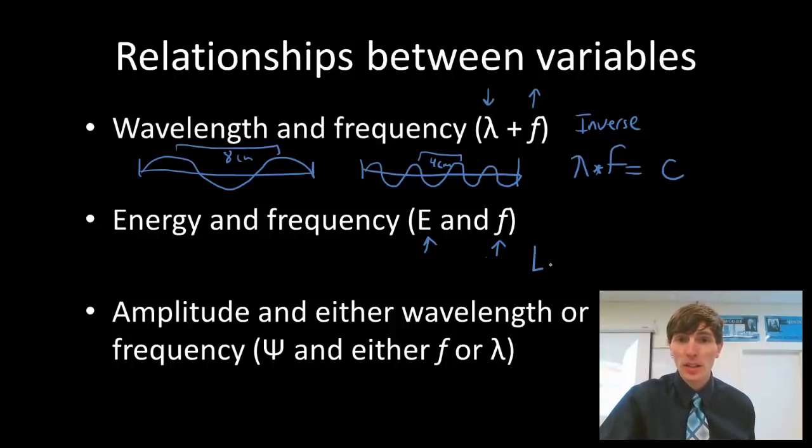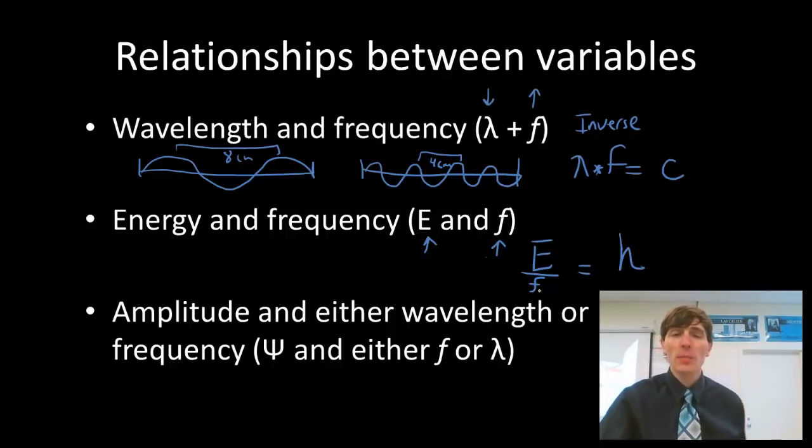When I take energy and I divide it by my frequency, those are always going to equal some constant value. And Max Planck is the scientist who came up with this value, and we call that h, and I'll give you the value for that in a second. So these are related. If energy goes up, frequency has to also go up. If I have 10 joules of energy and my frequency is 10 hertz, that would equal some constant. If energy goes up to 100, well, to be equal to the same number, so does frequency. They both have to go up. So this is going to be directly related.